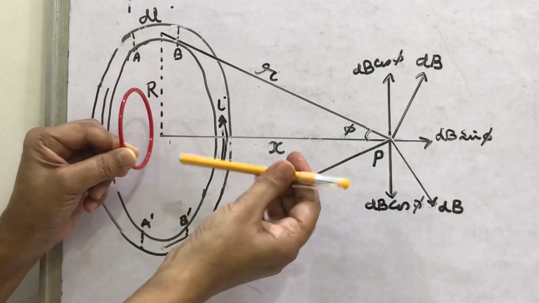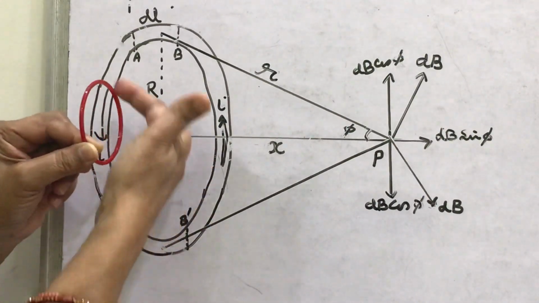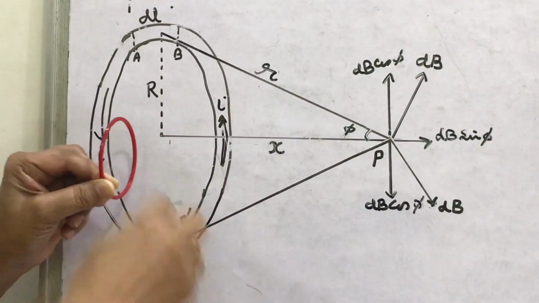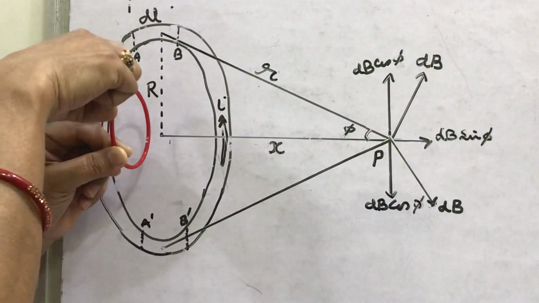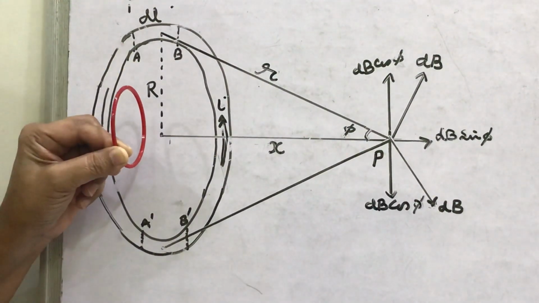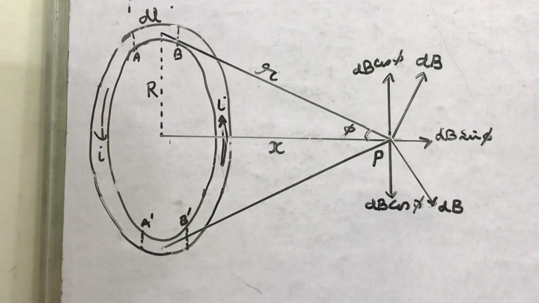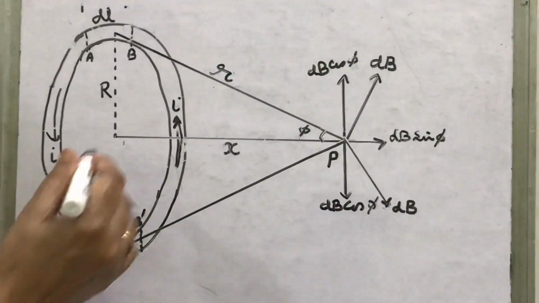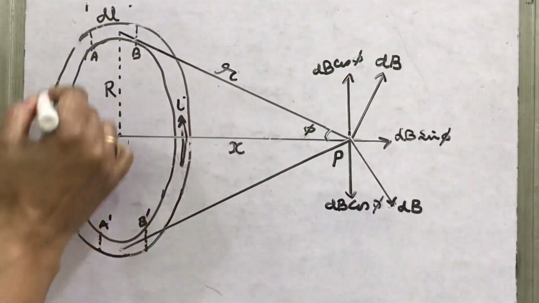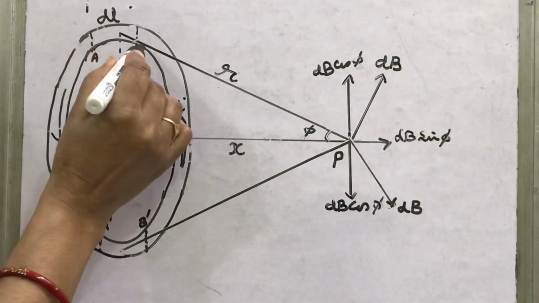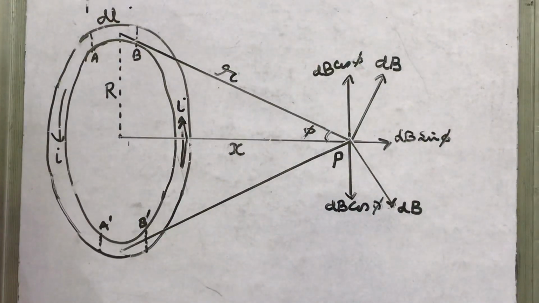The current flowing through the coil here is outward at the topmost point of the coil. We have taken the coil of radius R, current I through the wire, and dl is the small current element.